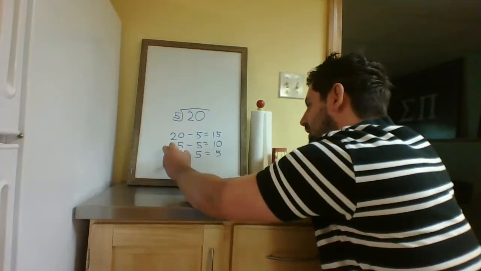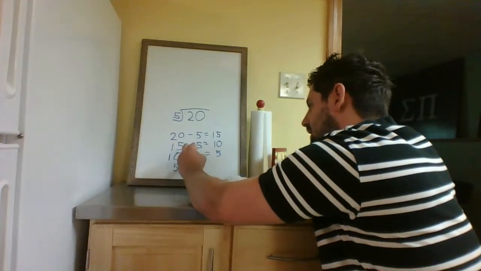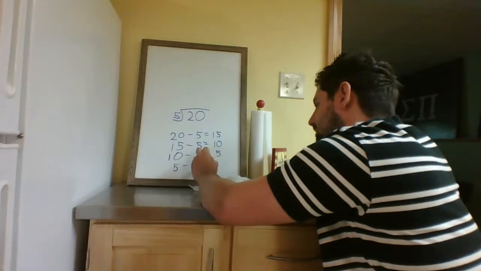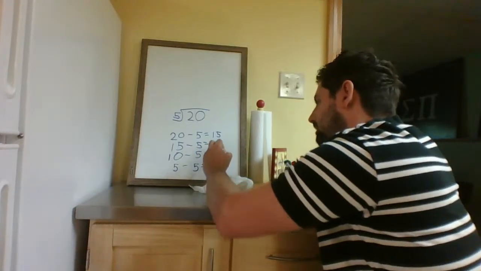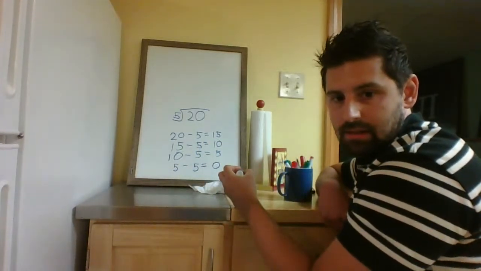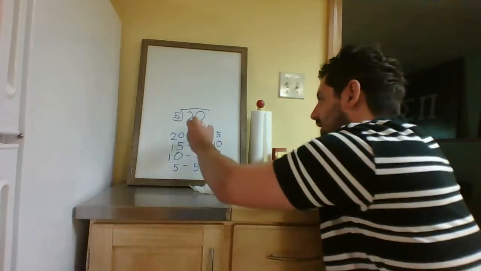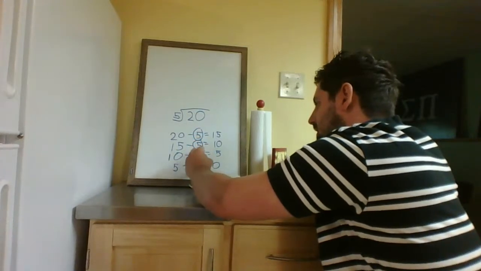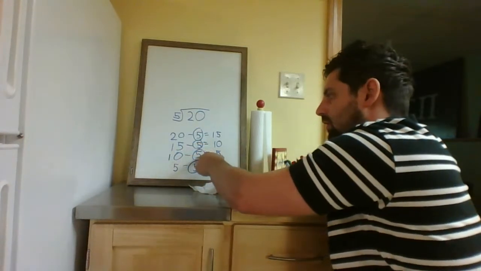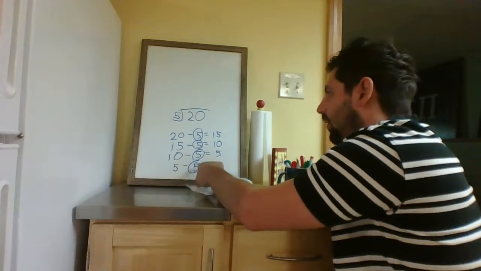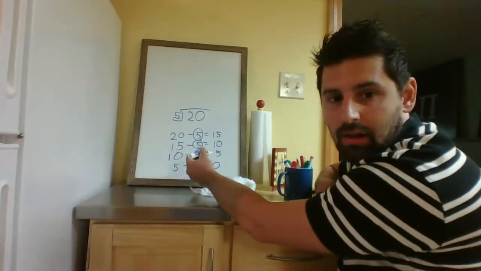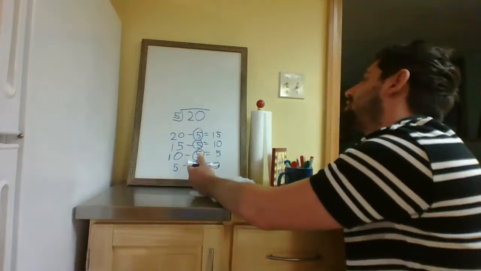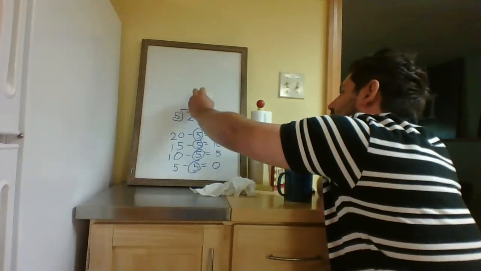Now, 5 minus 5 equals 0. So if I'm going to count the number of 5s I subtracted, 1, 2, 3, 4. I had to subtract 5 4 times to get from 20 to 0. So 20 divided by 5 equals 4.